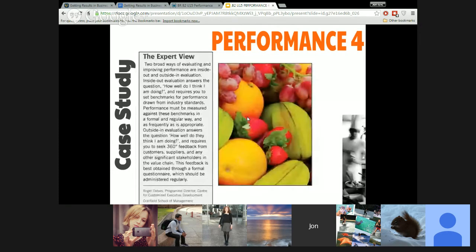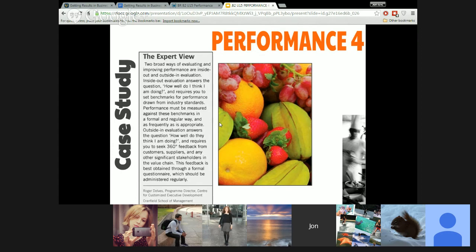Don't forget yesterday, our expert view. There are two ways of doing evaluations: inside out and outside in. Inside out is your peers and colleagues, and it goes up and down the hierarchy of the company. Outside in is your suppliers and all the support and connections that your company has.